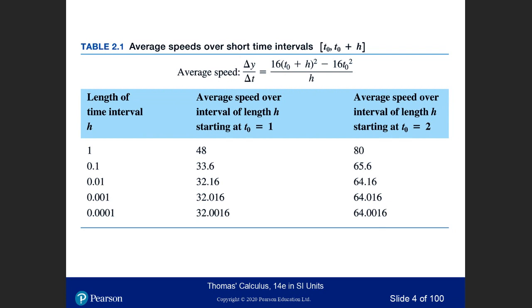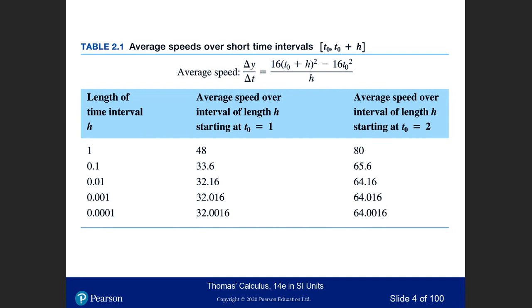If you put h as 1 and calculate this difference, for t0 it's 48, and the time is t0 plus 1, that is, the average over the second and third seconds. At t0 equal to 2 it's 2 and 3, so t0 is 2 and t0 plus h is 3. If you put h equal to 1, this is 48 and 80.